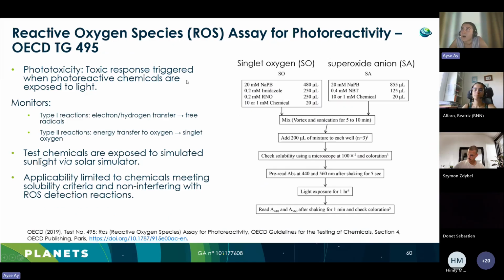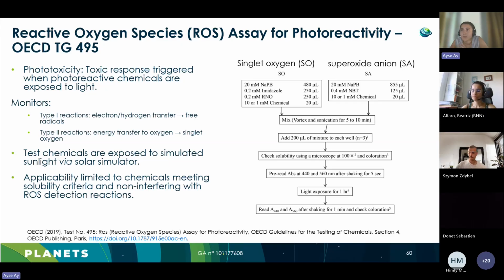Next, I will introduce the reactive oxygen species assay for photoreactivity, described by OECD test no. 495. There we check whether a toxic response is triggered when photoreactive chemicals are exposed to light. It specifically distinguishes between two types of reaction. The first is producing free radicals, and the second is producing singlet oxygen.